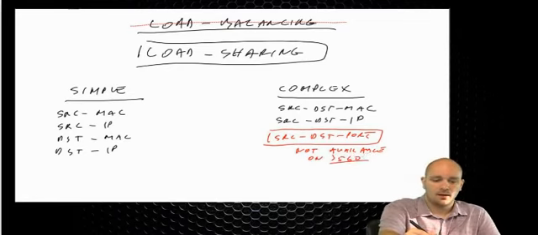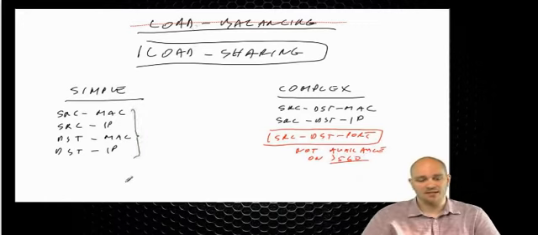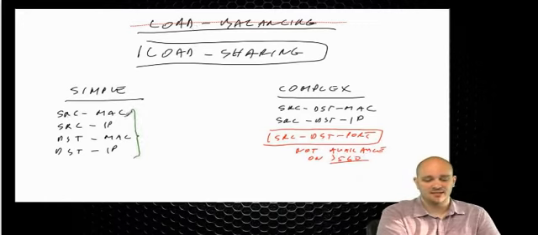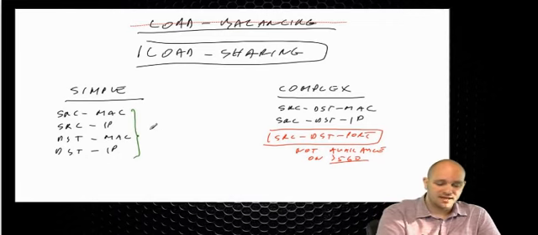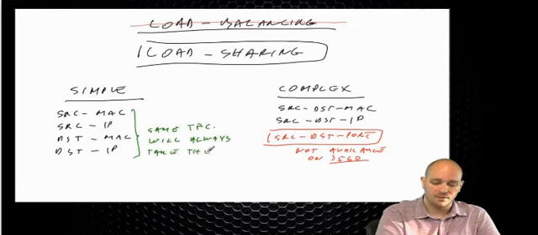Now, if you are using any one of these load balancing mechanisms, that means that the traffic that has the same source MAC address or same source IP address or destination MAC or destination IP, whichever one we are using, same traffic will always take the same path.